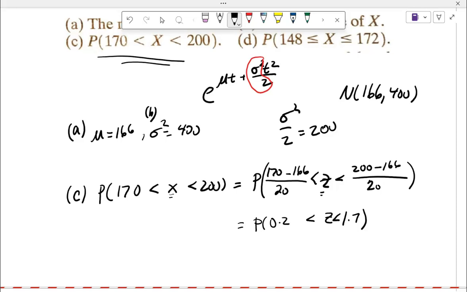And then now you can write it in terms of the CDF, right? And at this point, either use your normal distribution table or your calculator or Excel.